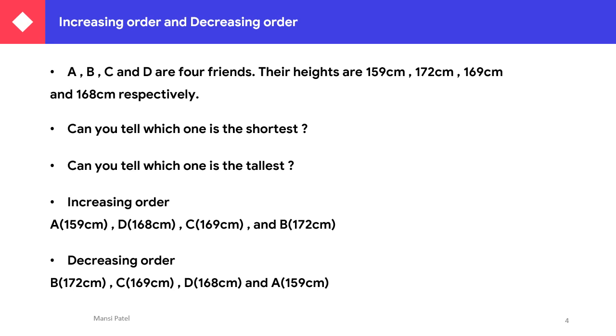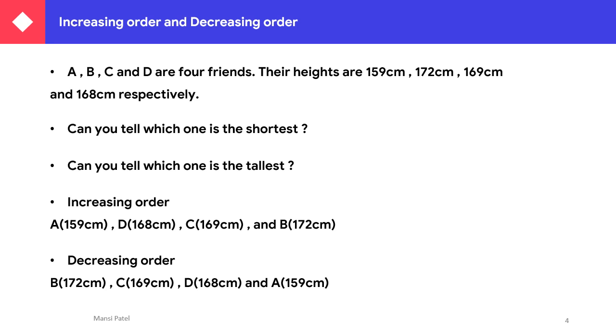So whenever we are arranging the numbers in increasing order, we get the answer of smallest number. Which is the smallest number? So we can say here 159 is the smallest number. And whenever we are arranging the numbers in decreasing order, we are getting the answer of biggest number.